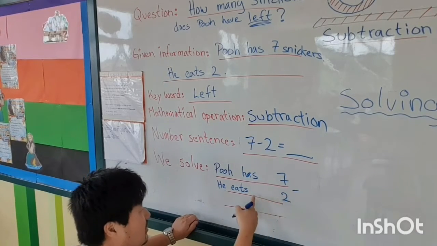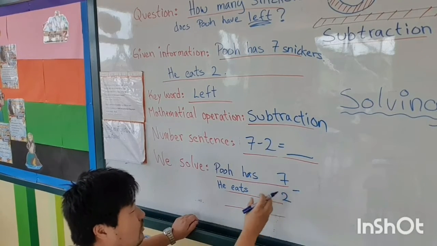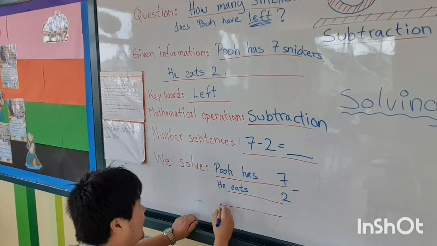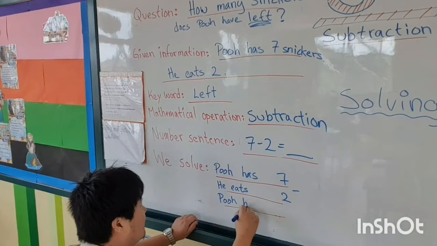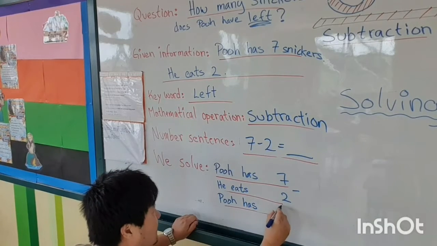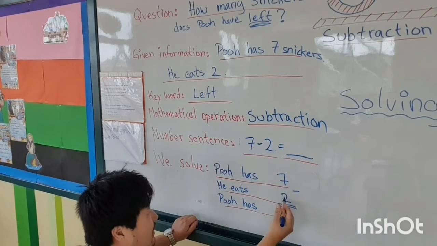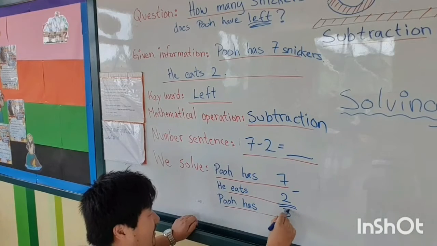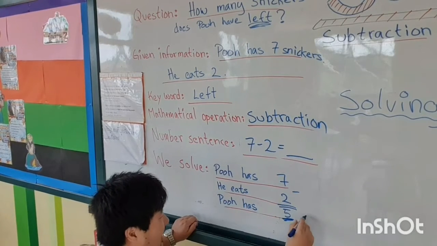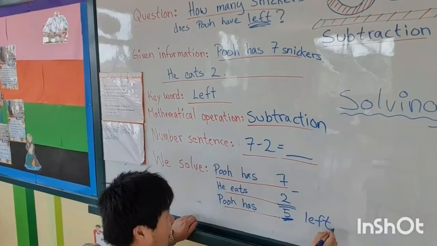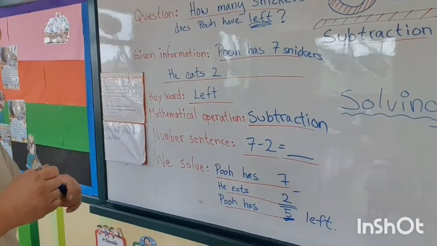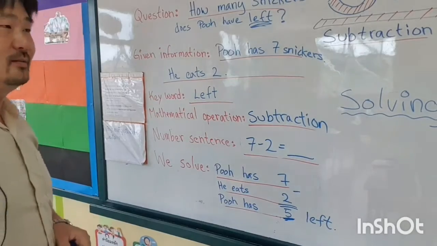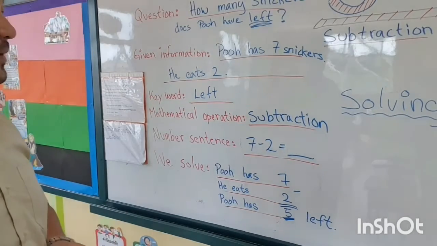So minus, because he eats 2, so take away 2 from 7. And then answer, Pooh has 7 minus 2 is 5. He has 5 left. Okay, so that is how we solve the equation, the math.